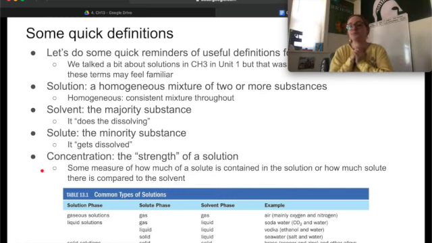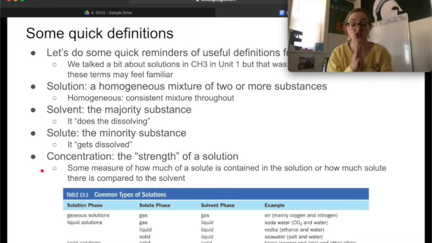Usually we might have a saltwater solution, for example, which might be NaCl being dissolved into water. So NaCl is our solute, and H2O, water, is our solvent. So solvent is the thing that is doing the dissolving, and solute does get dissolved. So that's kind of the idea there.